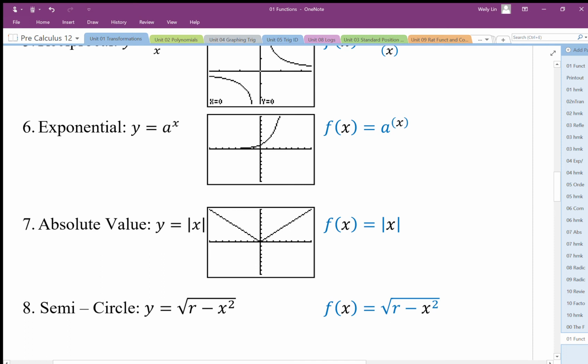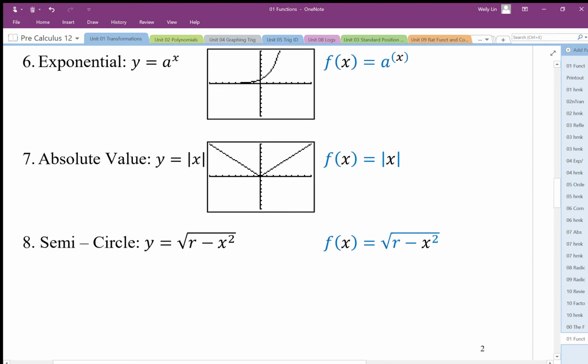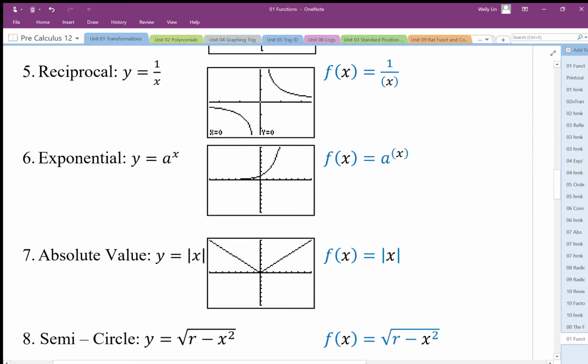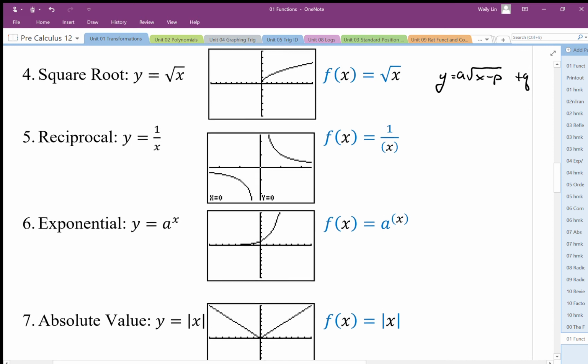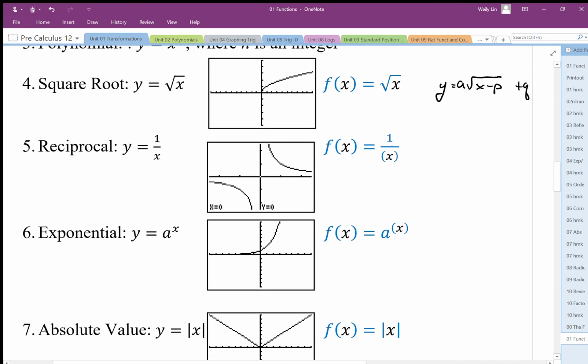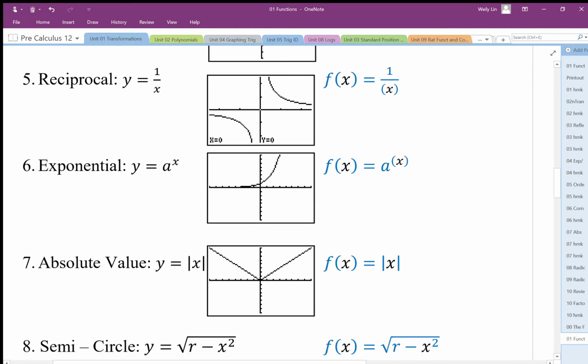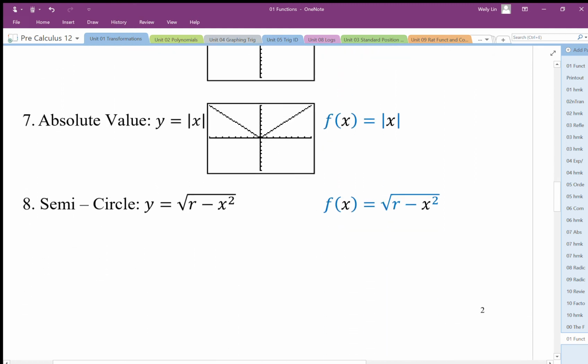So what is new, though, is this semicircle function. You probably have not seen the semicircle function. If you haven't seen one of the other functions and know what they are, you really should get to know them, because we should really know what these functions are to start. The semicircle is likely new, so this is one we'll have to get used to. The semicircle function basically looks like that.